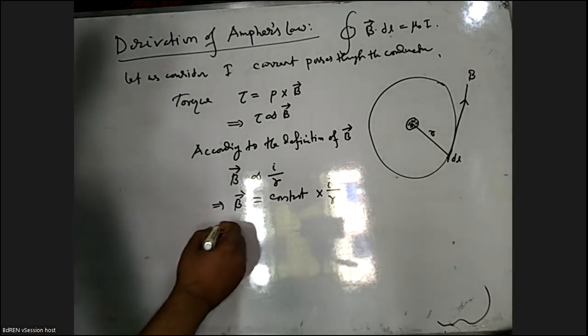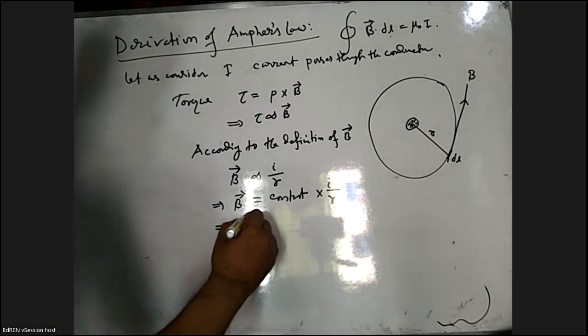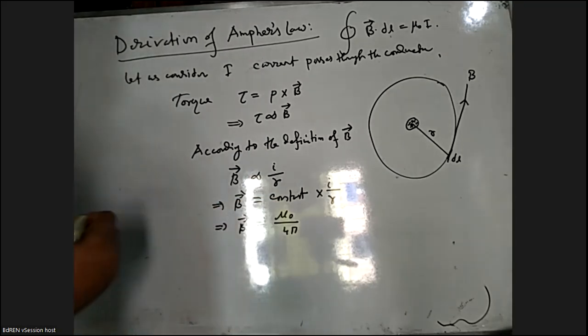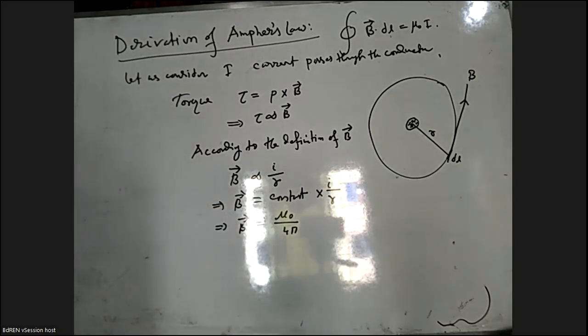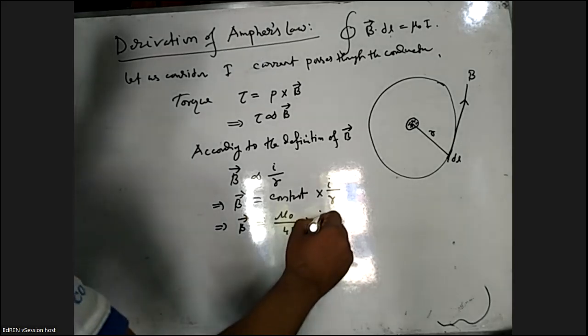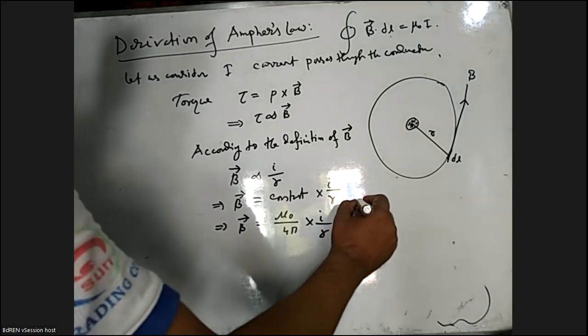Now if we take this constant equal to mu naught divided by 4 pi, where mu naught is the permeability of the medium, equal to 4 pi multiplied by 10 to the power minus 7 Weber per ampere meter.